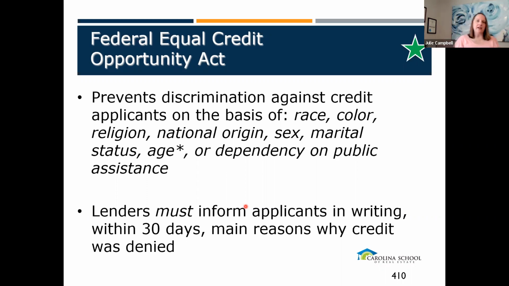If they're not getting credit, it better shake out to their debt to income ratio. So the Equal Credit Opportunity Act has very similar protected classes, but there are some differences, so we'll do a side-by-side comparison of ours versus the lenders.